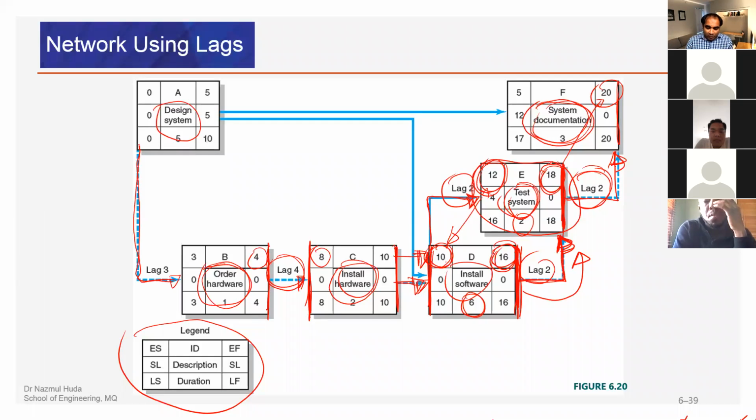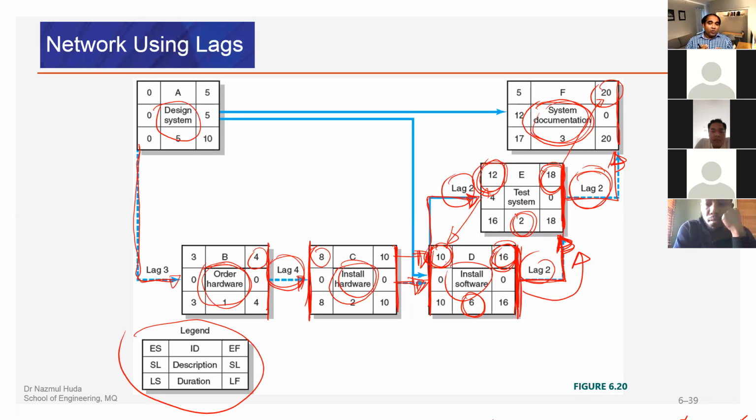So if you take the example of E, this is a very good example of why lagging is so important. Even though E has a duration of only 2 days, E is a short task. Activity E has a duration of 2 days.